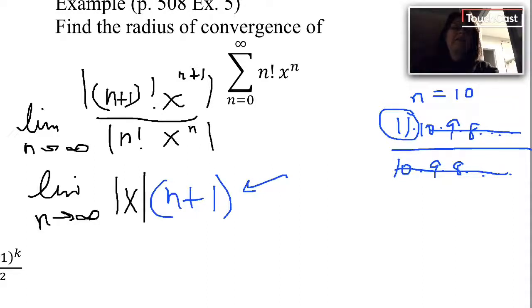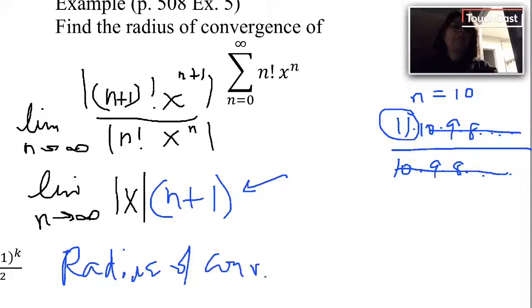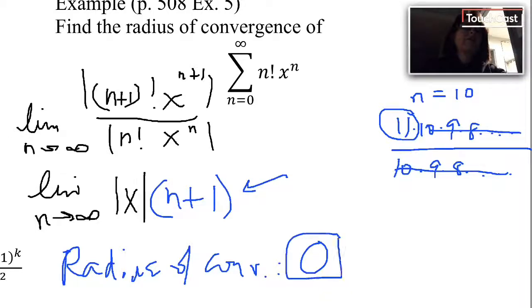And I can conclude then that this series has a radius of convergence of 0. It will converge at the exact place where x equals 0. But remember, the radius of convergence is like how far to the right or left of x equals 0 this will converge, and it will converge for no other values, so the radius of convergence is 0.